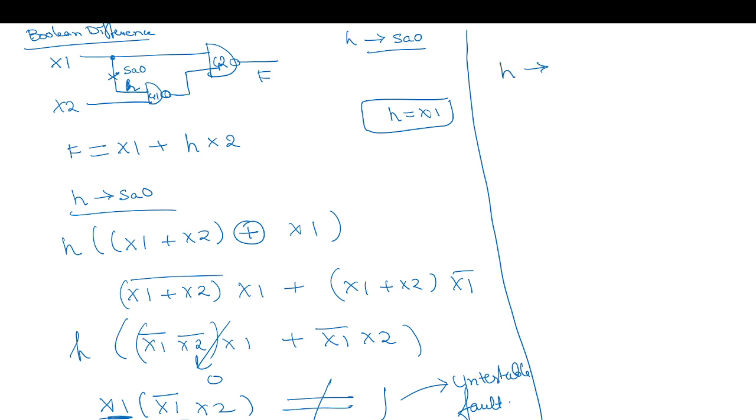Now if we consider h stuck at 1, that means for h it should be 0 to excite the fault. So we will write h complement, and the expression x1 complement x2. What is this? h complement is x1 complement x1 x2.